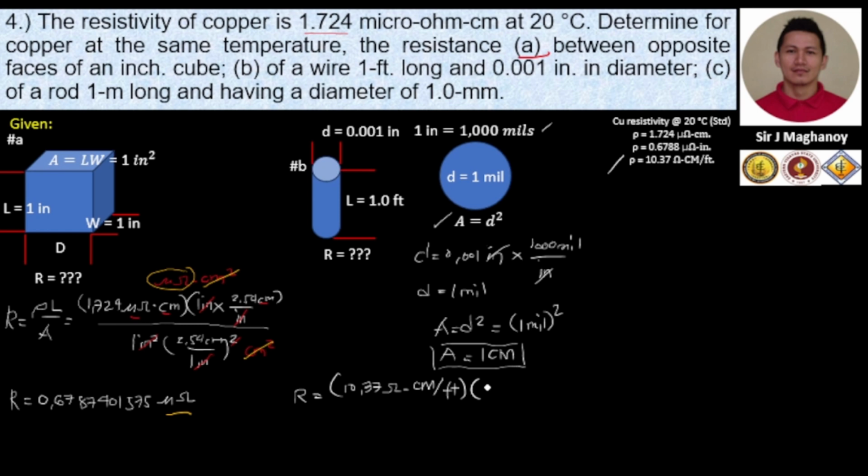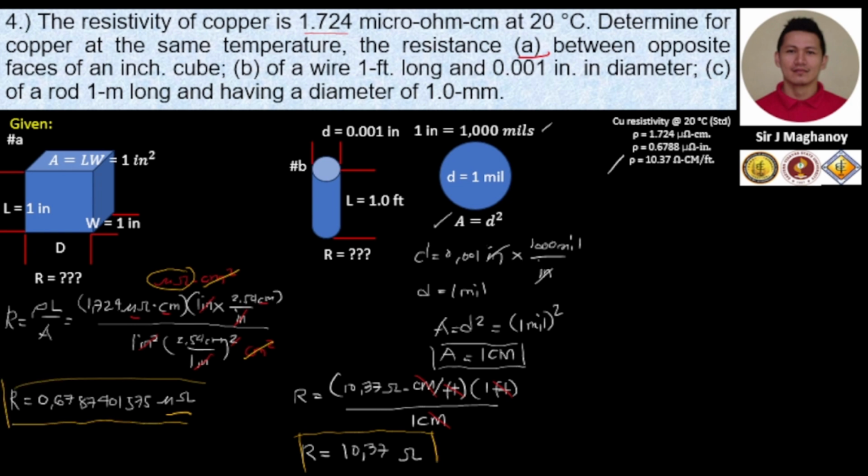That is 1 foot all over the cross-sectional area of 1 circular mil. If we cancel out common units, circular mil and feet, finally the value of our resistance is 10.37 ohms. So that is your answer for letter B, and this is for our letter A.